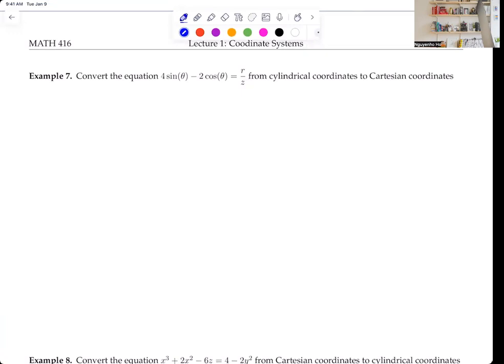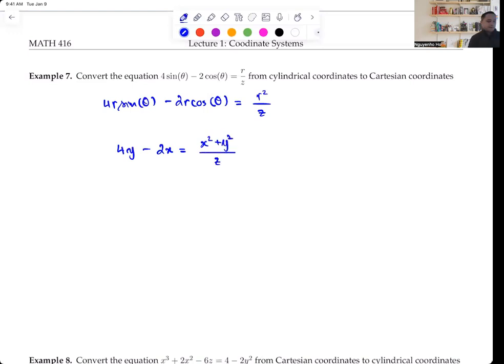So if you multiply both sides by r, you get 4r times sine of theta minus 2r times cosine of theta equal to r squared divided by z. Right. So r times sine of theta is y, r times cosine of theta is x. So you get 4y minus 2x equal to x squared plus y squared all divided by z.